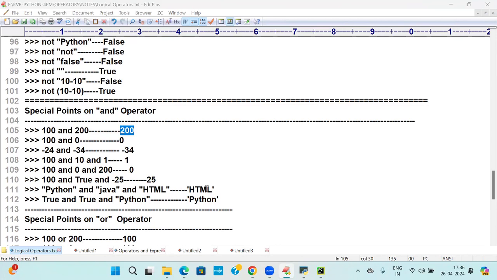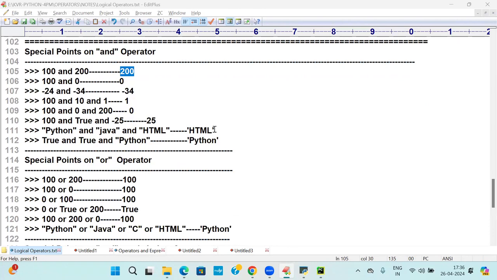Student Nirkor Behra, any doubts? Good evening, sir. Sir, I have a doubt on the special function and operator, the Python and Java and HTML point. I'm confused about that. See, ma'am, Python and Java: non-zero and non-zero.